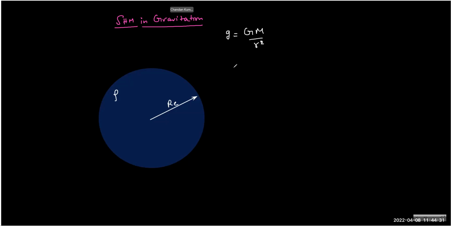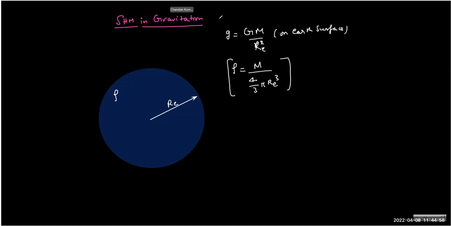Then we can write the density equals mass upon volume, which is 4 by 3 pi r cube. Density is a term in which we generally express the answer, because we take density as a fundamental quantity. So this is the g on Earth's surface.